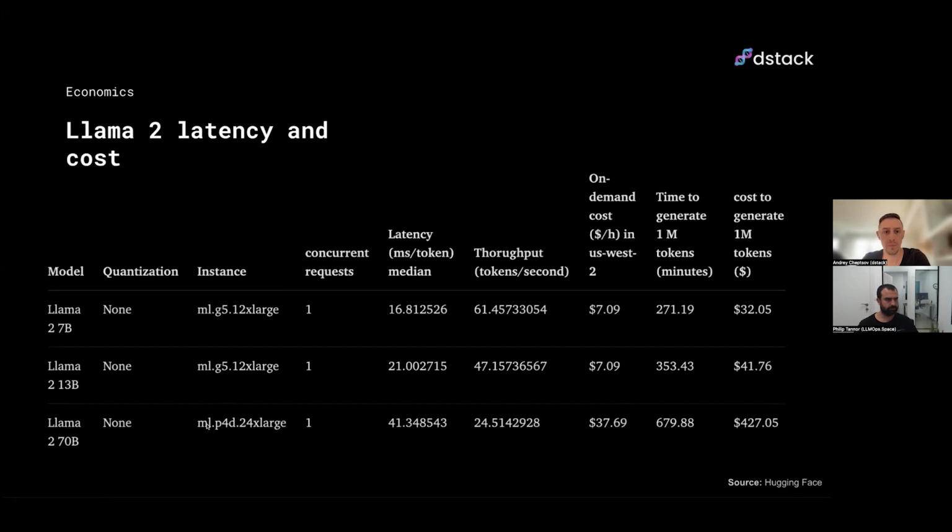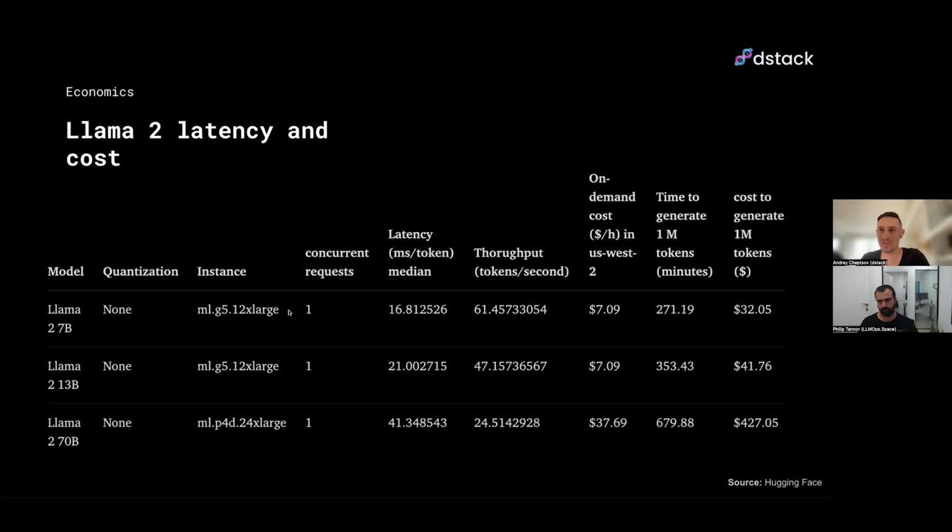If you don't know, for example, the last one here, P4d.24xlarge, it means 8 A100 GPUs, each with 80 gigabytes. You can see the latency, and you can compare it with what you typically have with GPT-4, which is comparable.